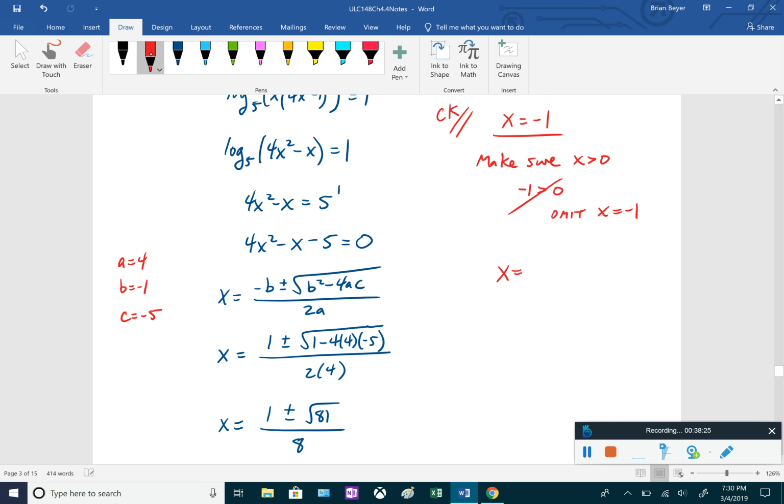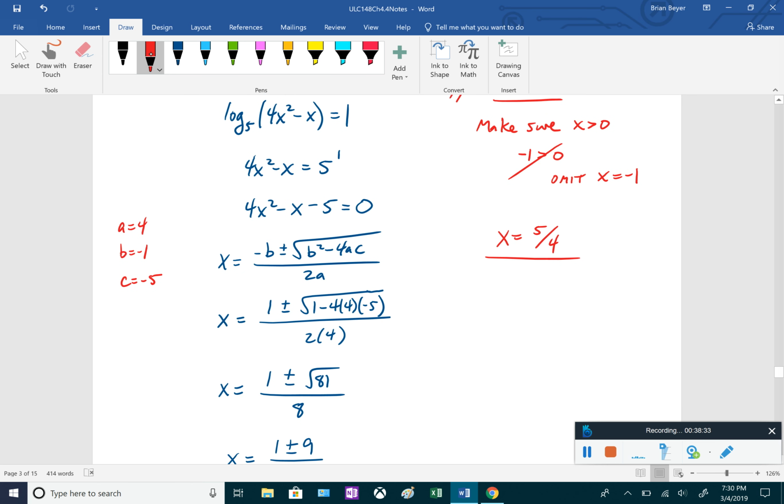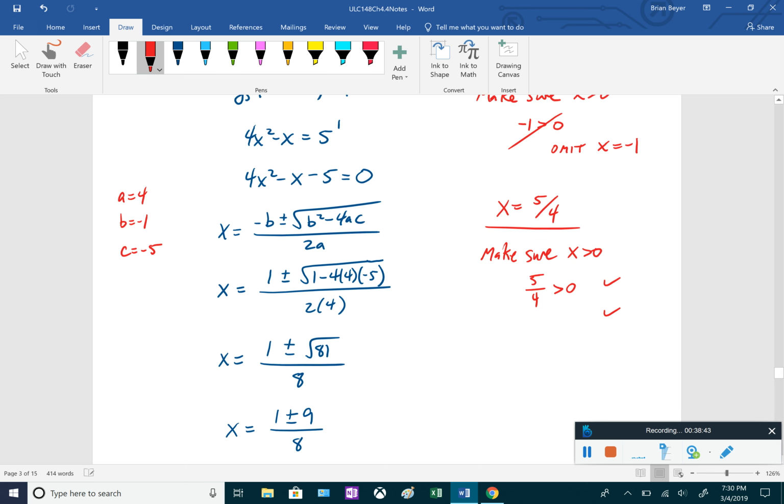Okay, next we're going to check 5/4. So checking 5/4 here, plugging those in, we have to make sure x is positive. So x is positive because x is just 5/4. 5/4 is obviously a positive number, so that one's good.